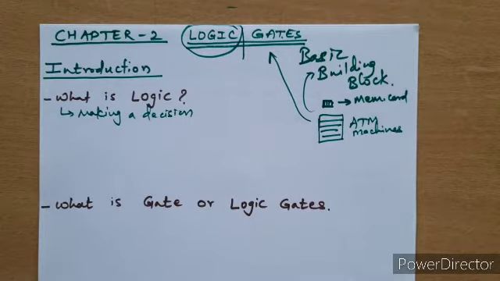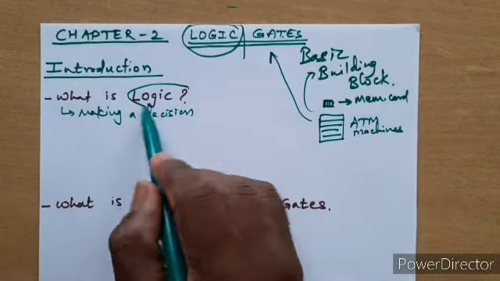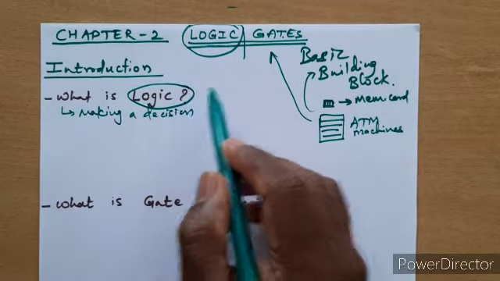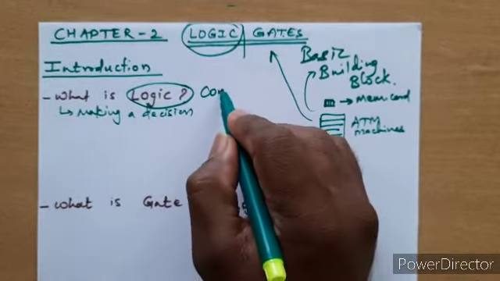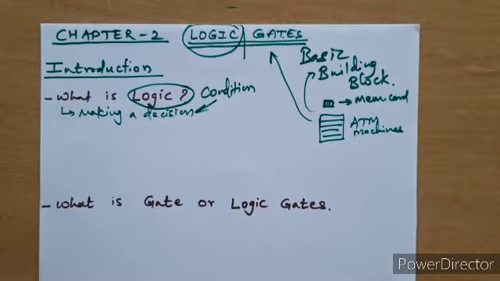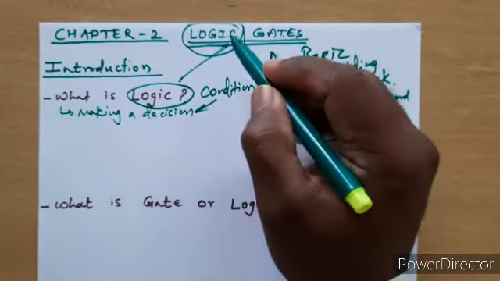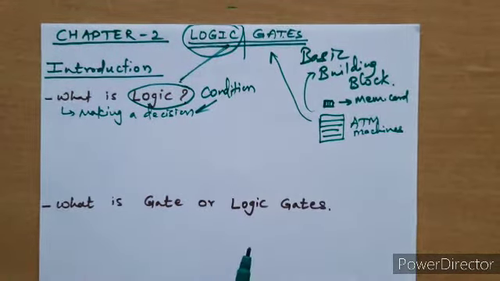So depending on certain conditions, you take the decision. The same is the case here: depending on certain logic or certain condition, we take the decision. That is what logic is, and that is what we are going to use in digital circuits.